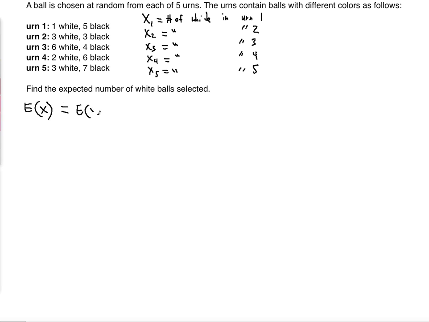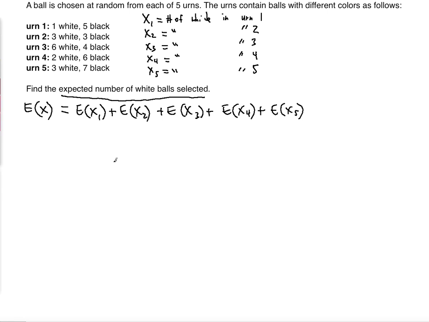So we're going to add the expected number of the first, expected number of the second variable, plus third, plus fourth, plus fifth. So we need to find each of these expected values in order to find the expected number of white balls selected, right? So, expected value of random variable 1.